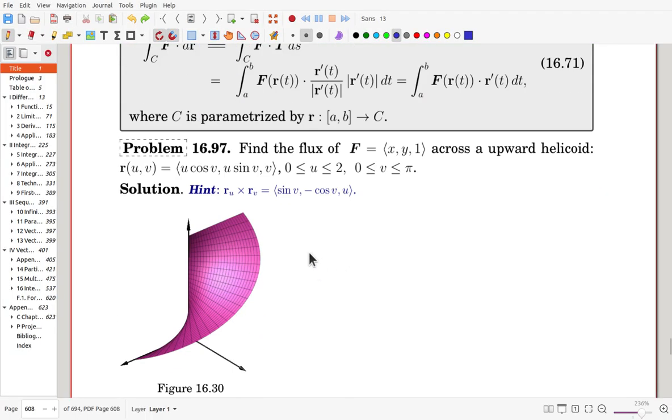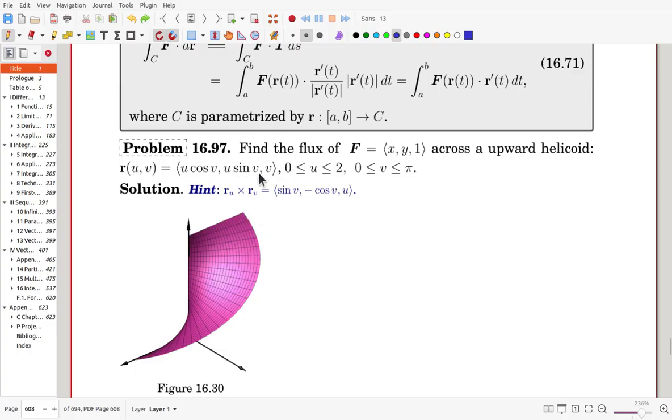Find the flux of the vector field across the upward helicoid. The helicoid is parameterized like that, and u is from 0 to 2. u is the length, that direction, and v is the rotation, with z going up, so pi, a half rotation, coming up.